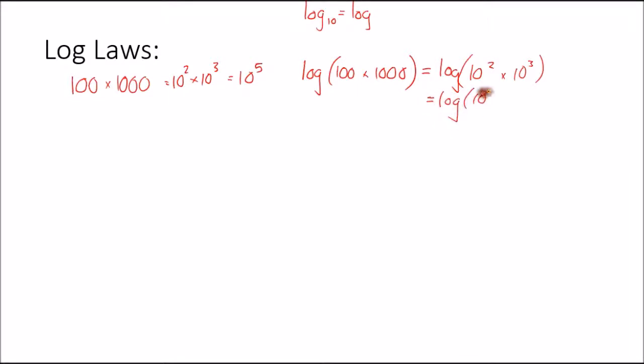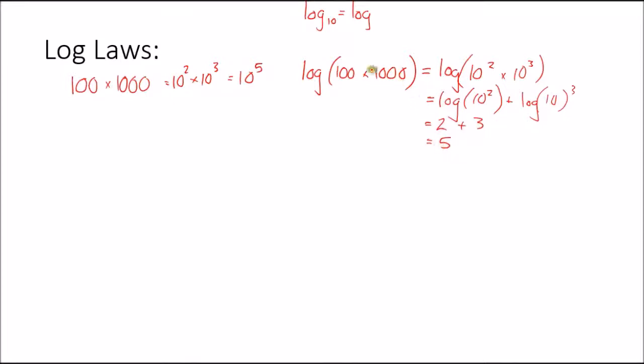So it's log of 10 squared plus log of 10 cubed. So the log of 10 squared, we know that 2 is the exponent, so it's going to be 2, plus the log of 10 cubed is 3, and so we get 5 as our answer.